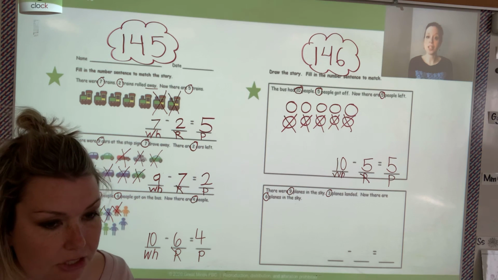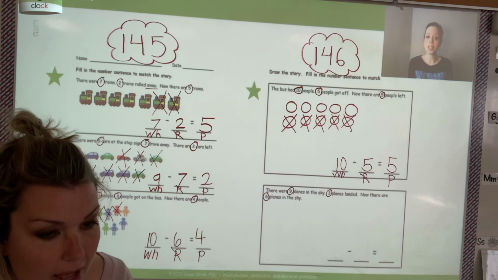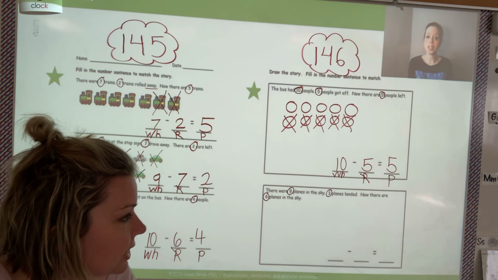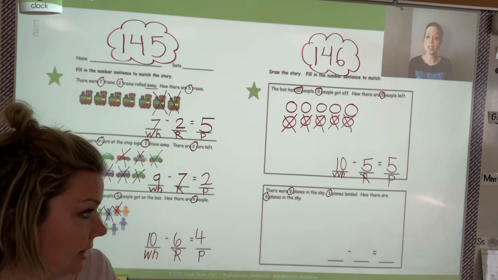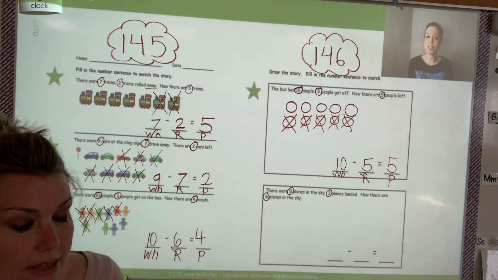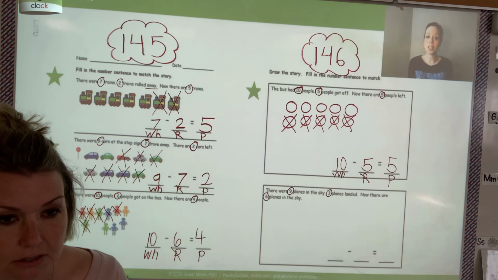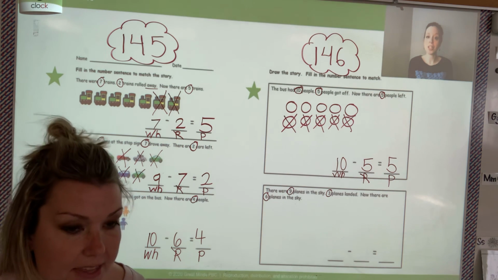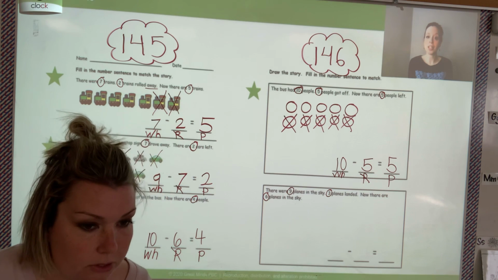So you don't have to try to draw an airplane. I would draw a square or circles or something simple. 3 planes landed. Now there are 6 planes in the sky. Okay. Go ahead and try to work it out, and then at the end, Landon, you can hold it up and we'll talk about it.